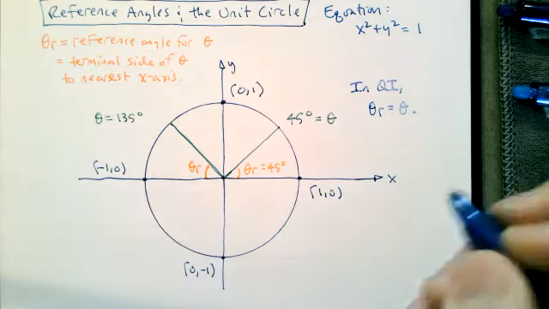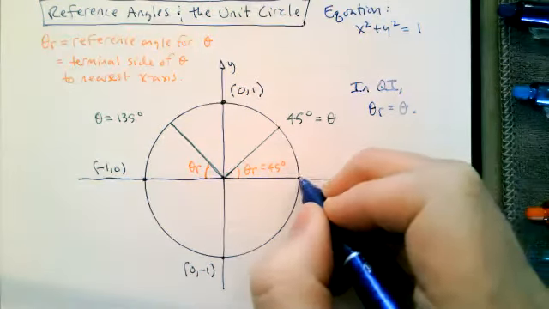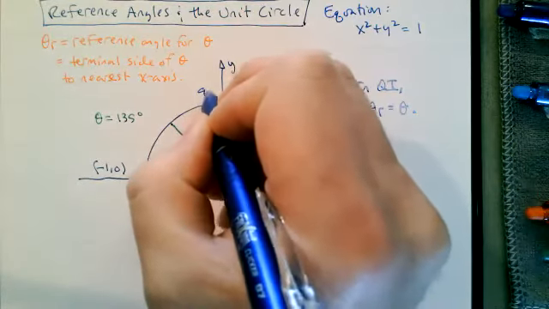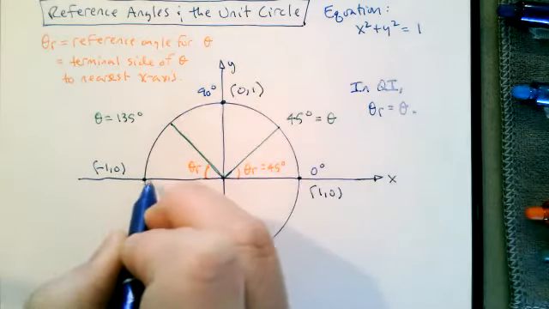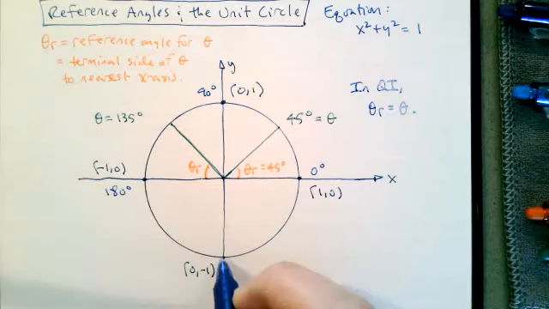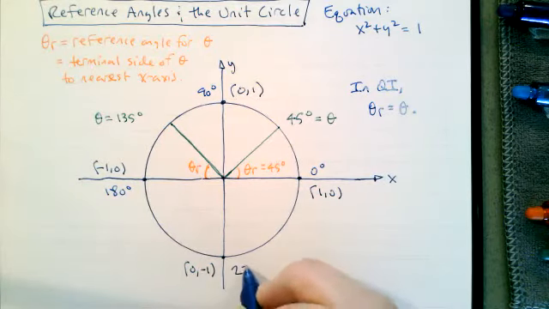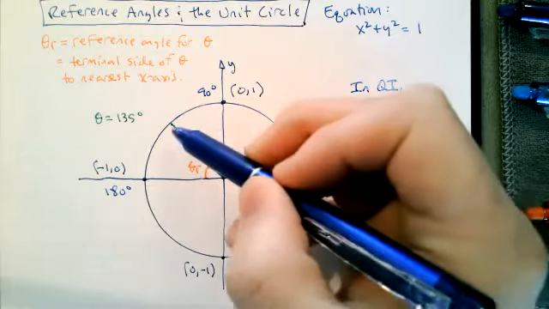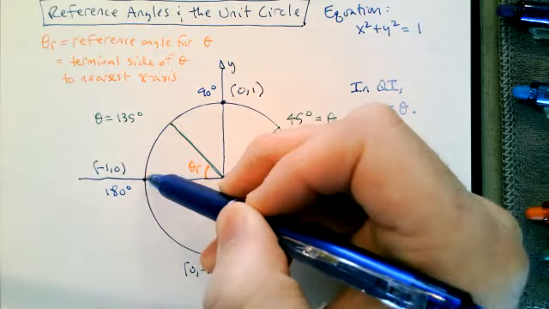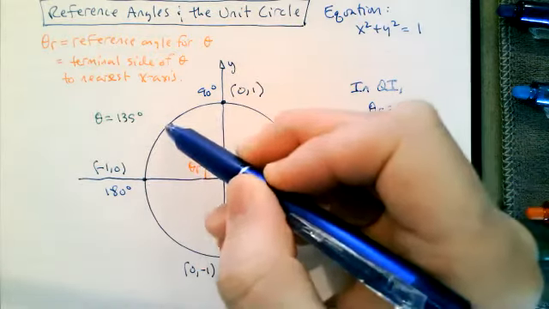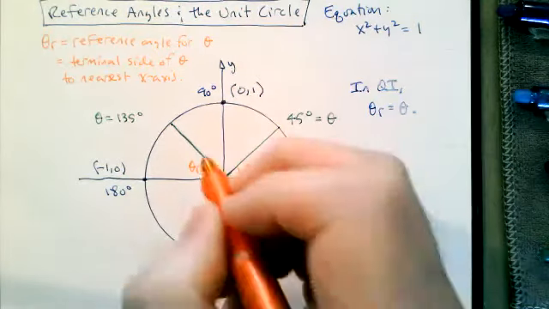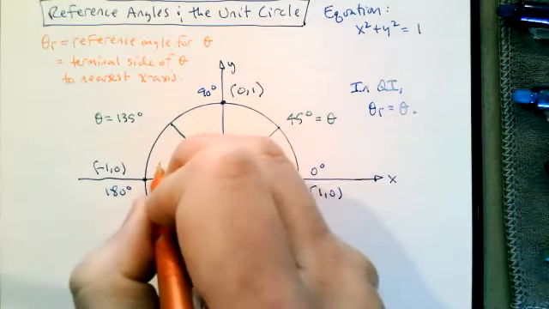Now we know that going around here we have 0 degrees. Up at the top, we're at 90 degrees. At the far end, at -1, 0, our angle is 180 degrees. And down here at the bottom at 0, -1, our angle is 270 degrees. So if it's 135 and we measure the angle from the terminal side of 135 to the negative x-axis, that's going to leave us 45 degrees for our reference angle.